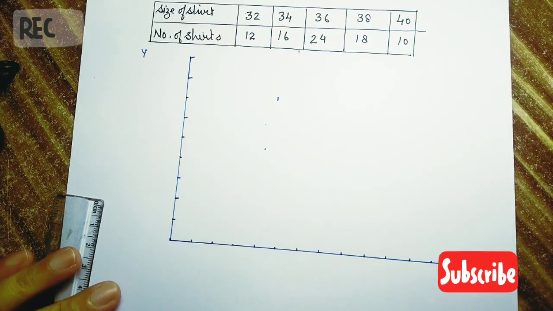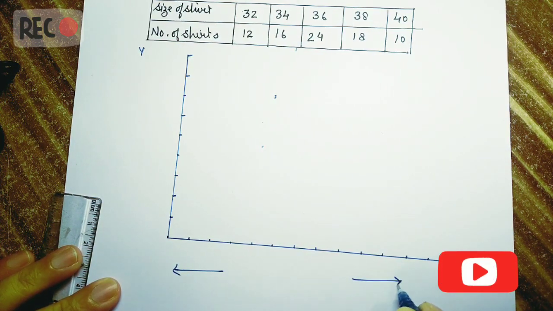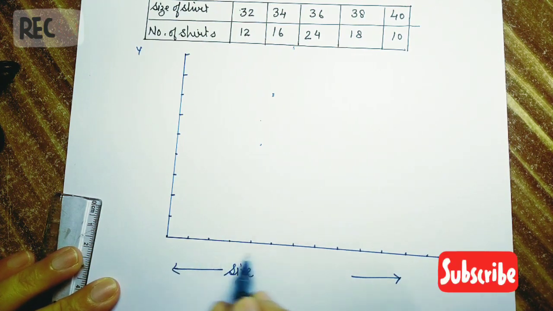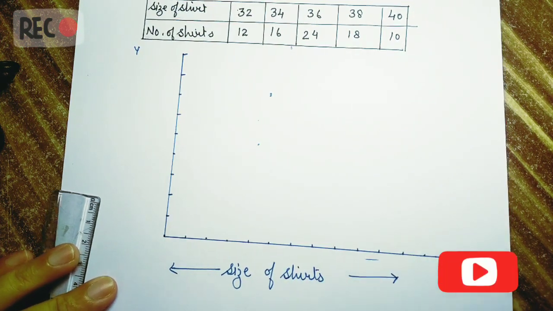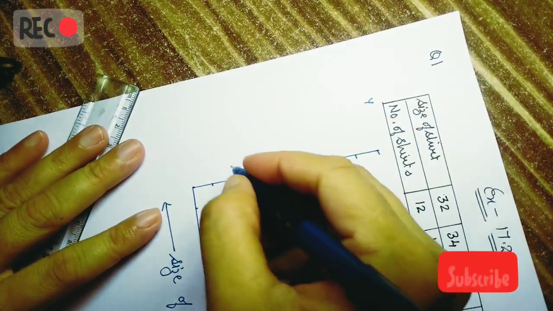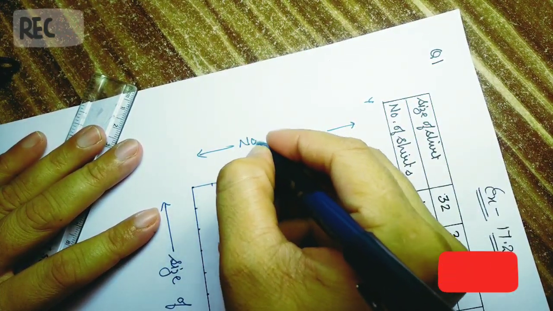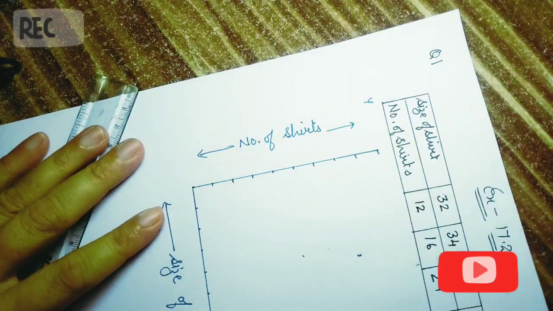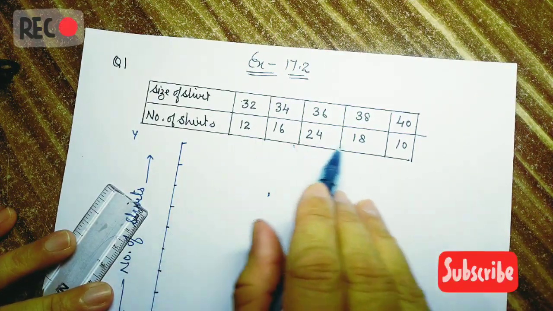First of all, we write what information the bar graph is providing. The x-axis gives information regarding the size of shirts, and the y-axis gives information about the number of shirts. Students, we observe that the numbers they have given are multiples of 2.